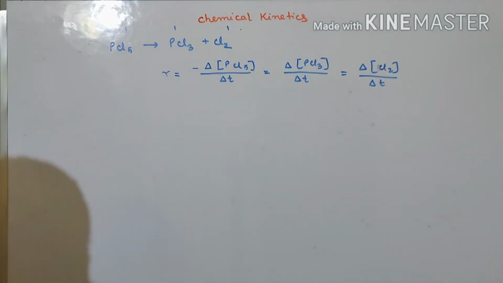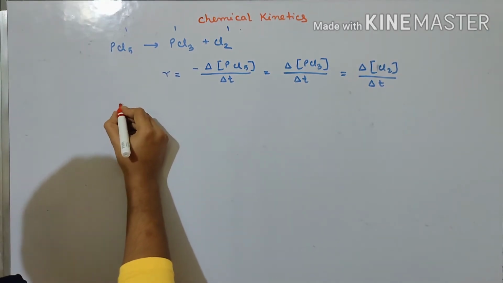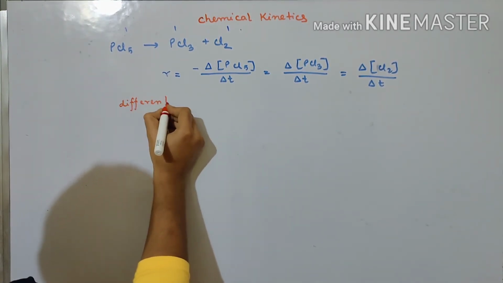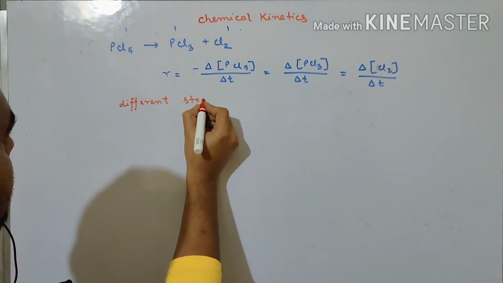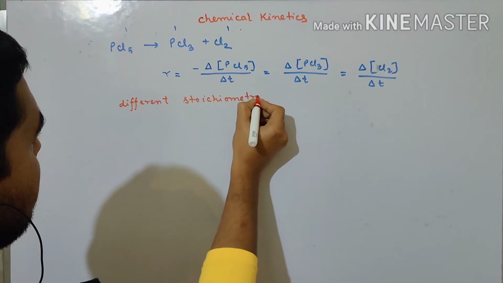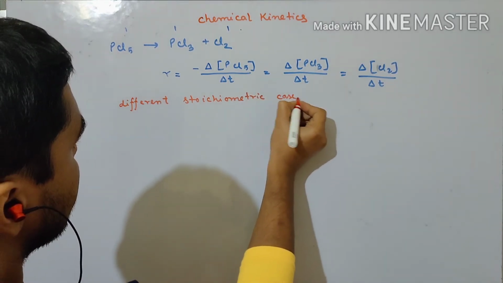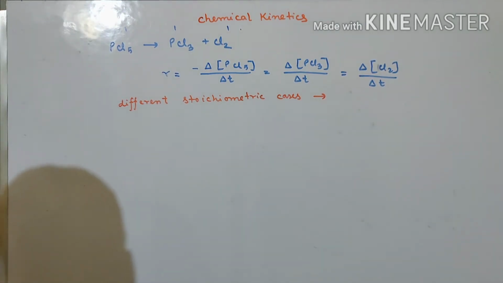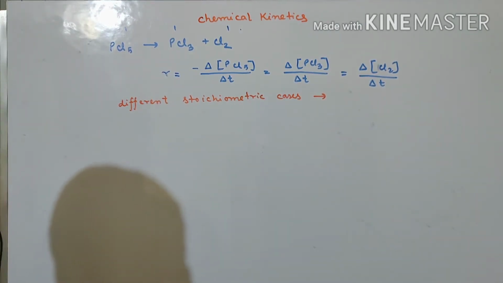This is how we used to write, and it is very simple. But if we introduce different stoichiometric coefficients, let's see what happens.